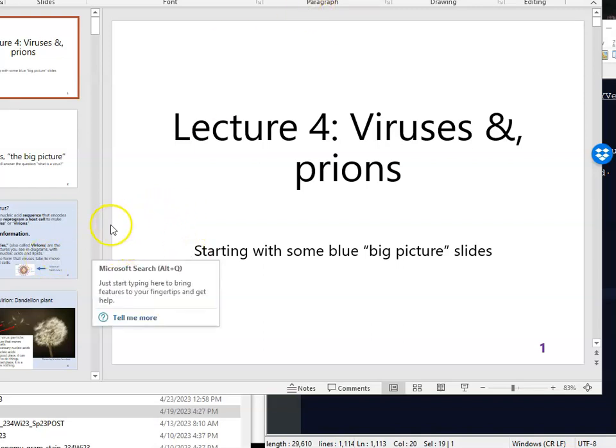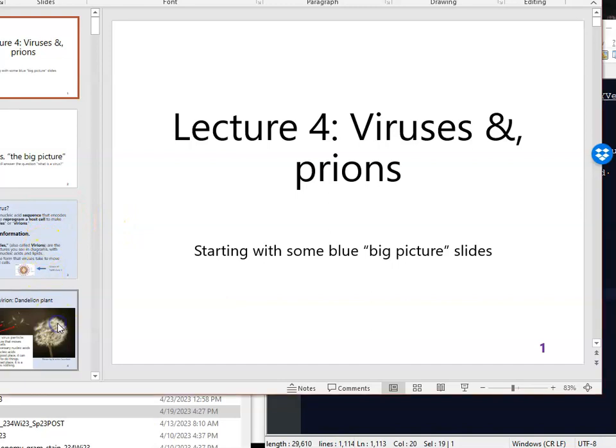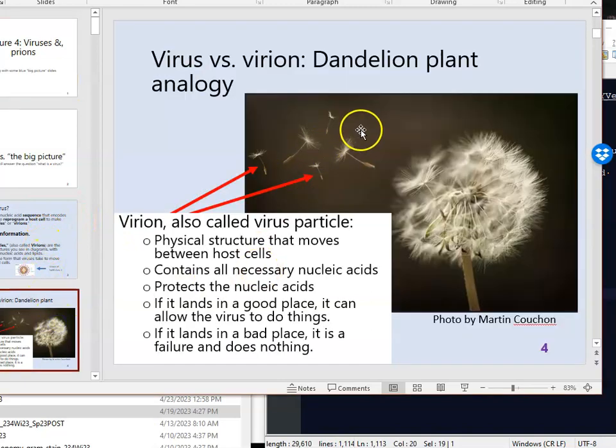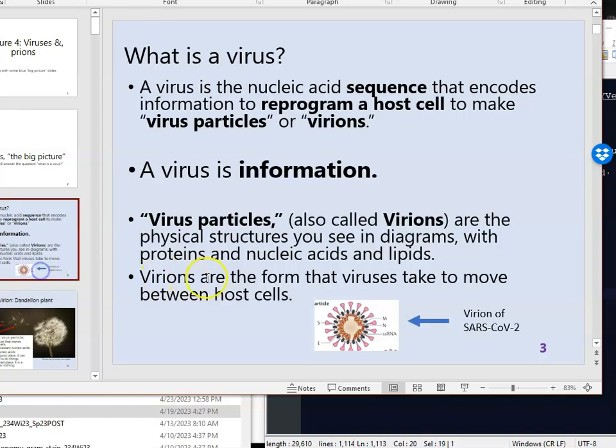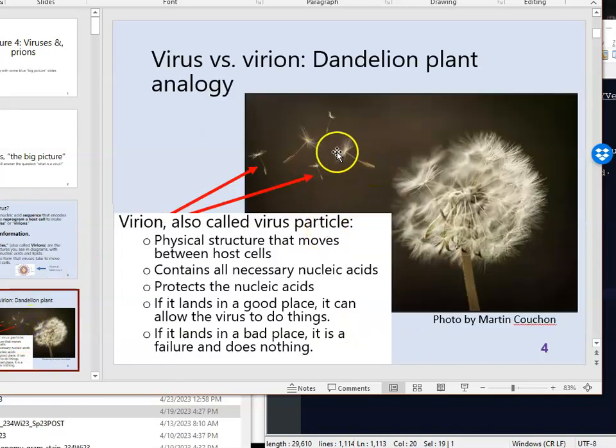So we start with what is a virus, and again I show you a distinction between a virus and a virion, where a virus is a whole thing, like a whole plant, and a virion, the physical structure you see in diagrams like this, is really just better thought of as a seed that leaves, and all it can do is carry its genetic material with it, but it doesn't have any other functions at all.